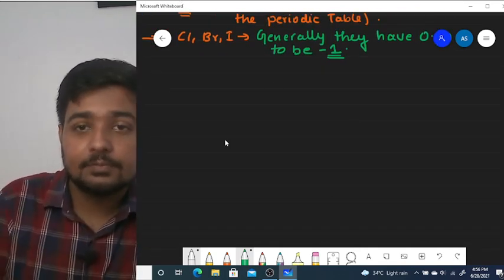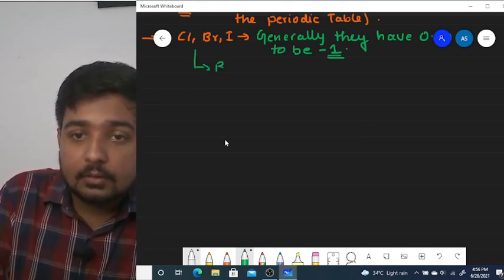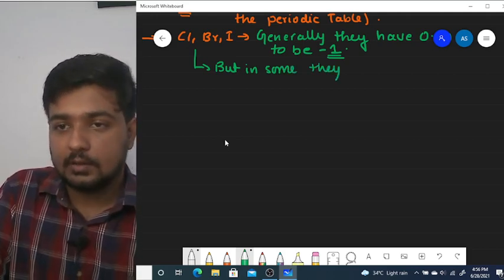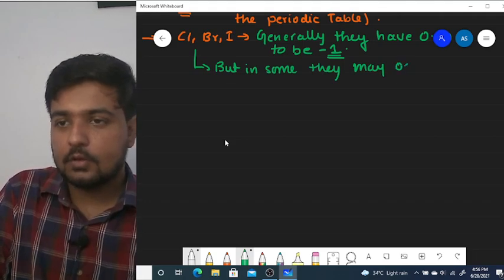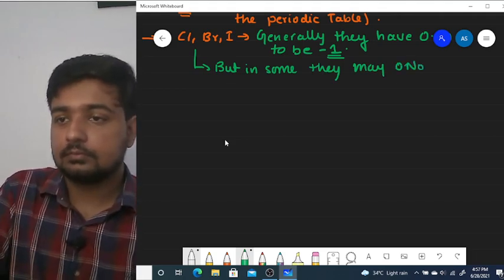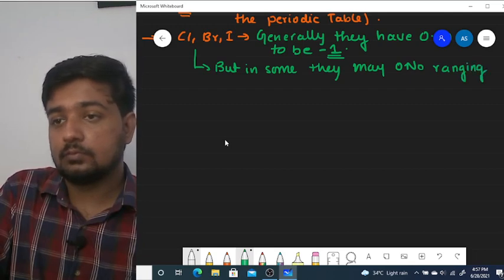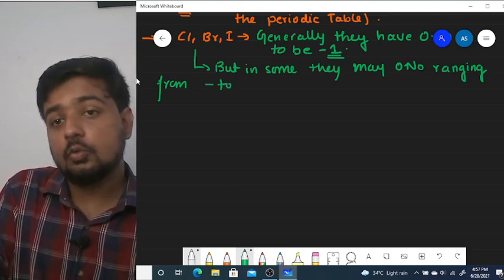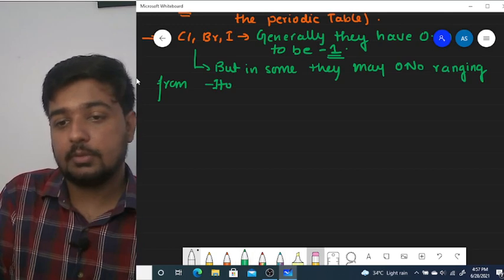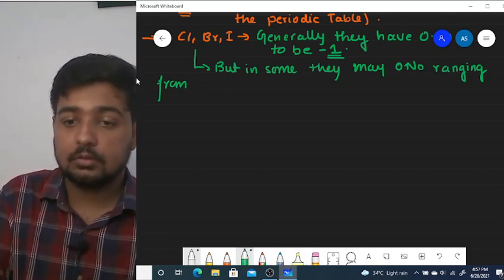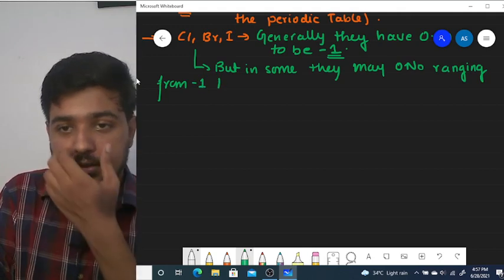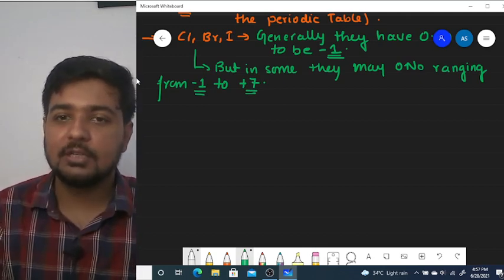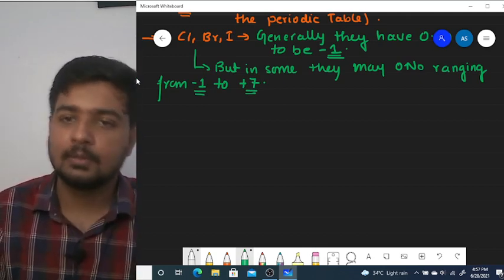But in some cases, they may have oxidation number ranging from -1 to +7.